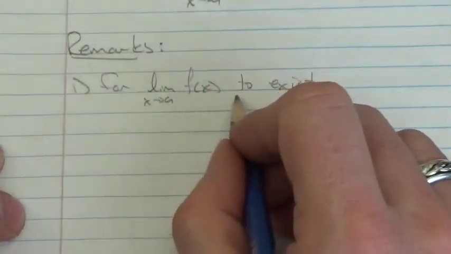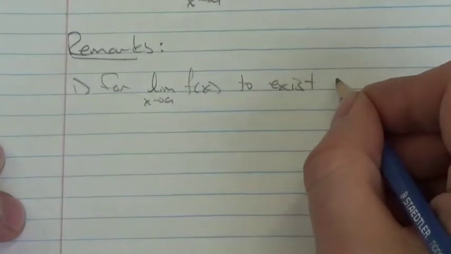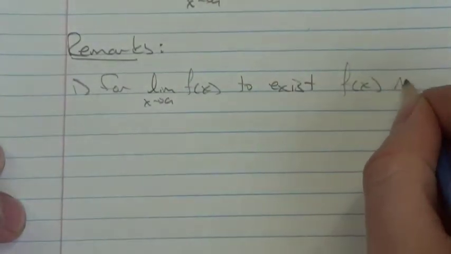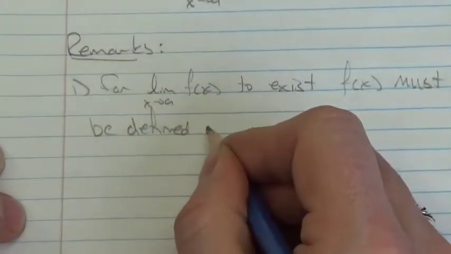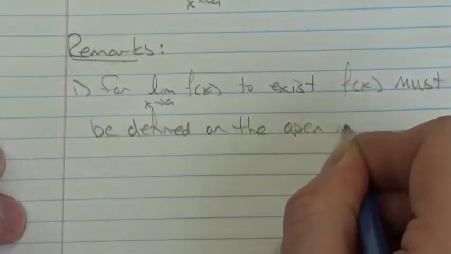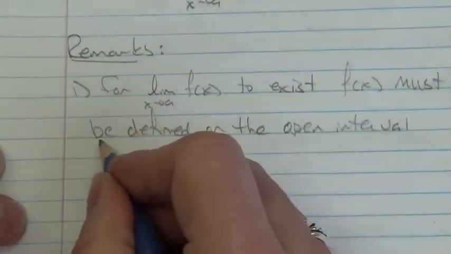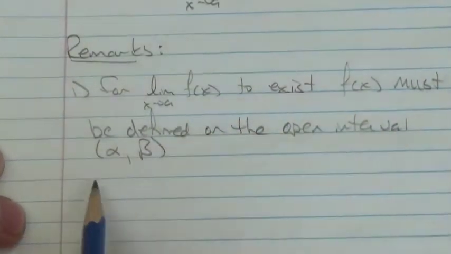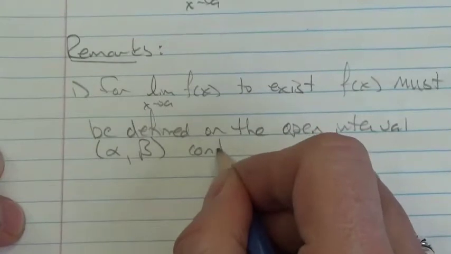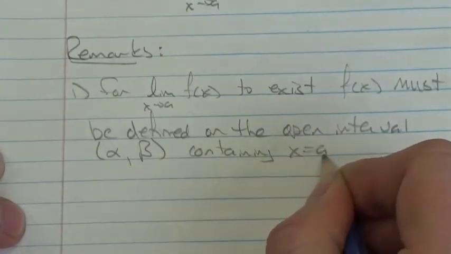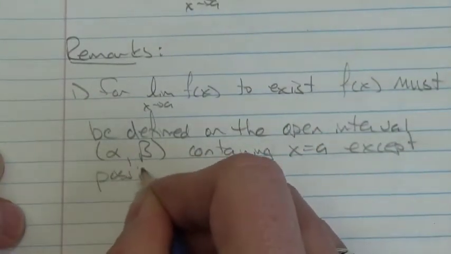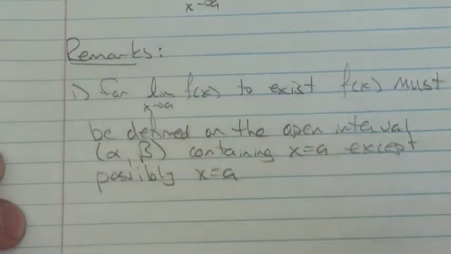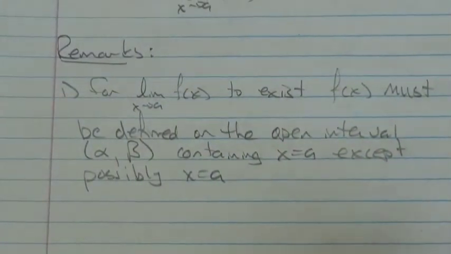So for the limit as x approaches A of f of x to exist, f of x must be defined on the open interval, and we'll use alpha and beta, open interval alpha to beta, containing x equals A, except possibly, and this is going to be part of our next comment, except possibly x equals A.